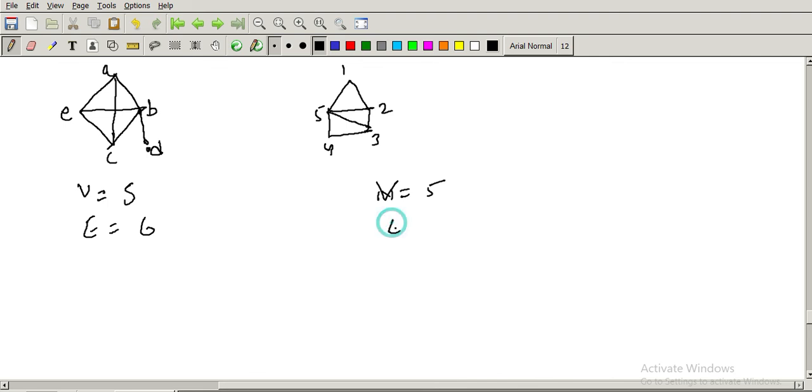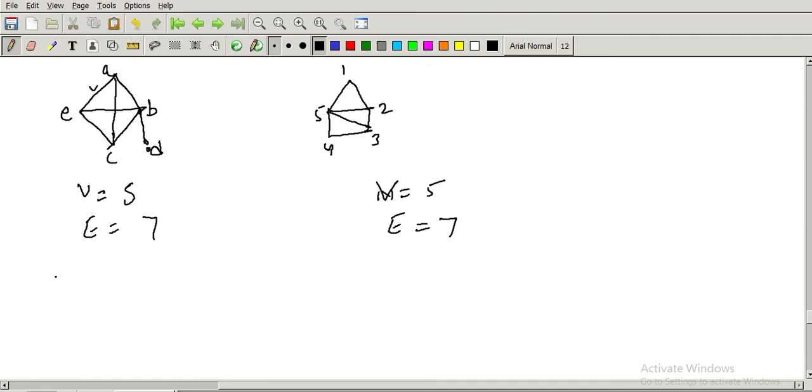Edges are 7 actually, because here you can see 1, 2, 3, 4, 5, 6 and 7, right? So number of edges are 7. So we have 7 edges here, 7 edges here, and the degree, let me count the degree.